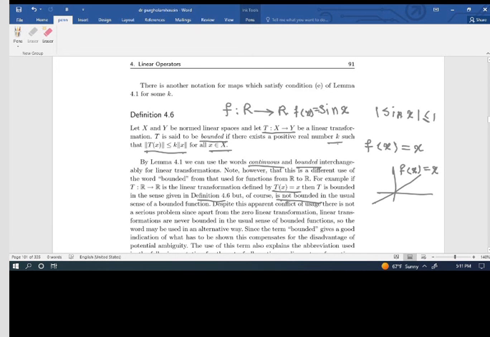Because we know that sin x is between -1 and 1, or the absolute value of sin x is less than or equal to 1, we say that f is bounded. This is bounded, but f of x equals x is not bounded.